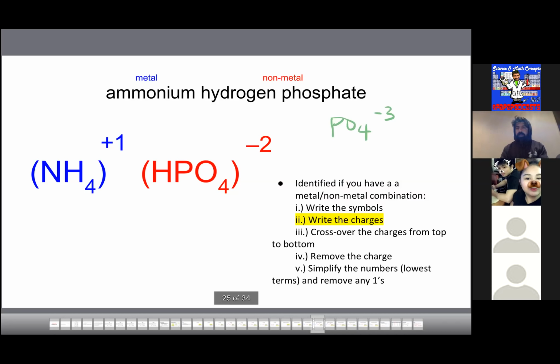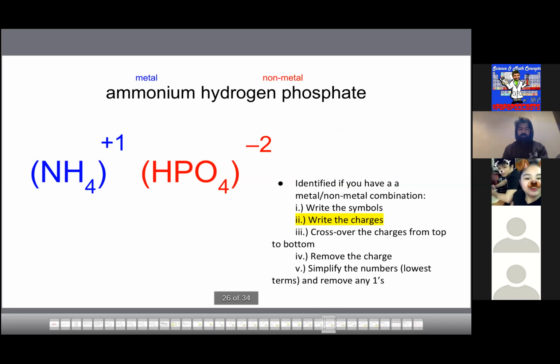Anyhow, phosphate is PO4 -3. But we don't have only a phosphate, we have a hydrogen phosphate. So if you add an H to that polyatomic, the charge drops from -3 to -2. So there are some little hints for remembering these polyatomics.